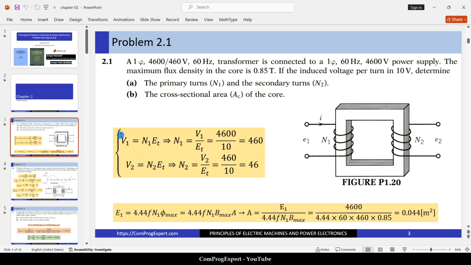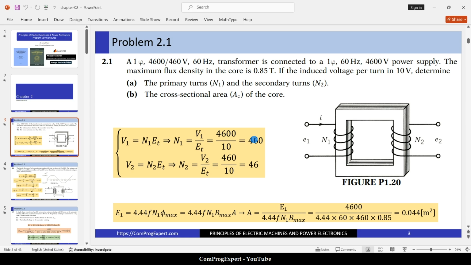The value of the voltage V1 is equal to N1 times the voltage per turn. So N1 will be equal to V1 divided by ET. This fraction is equal to 460.